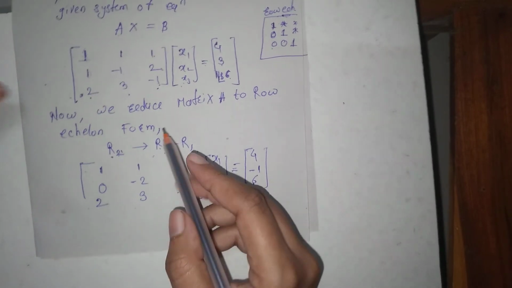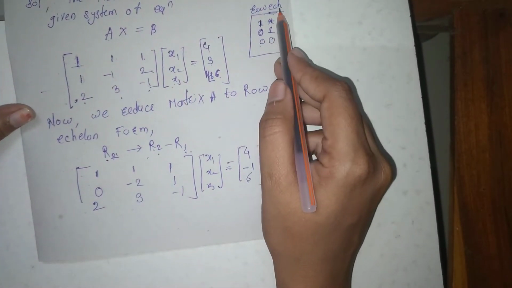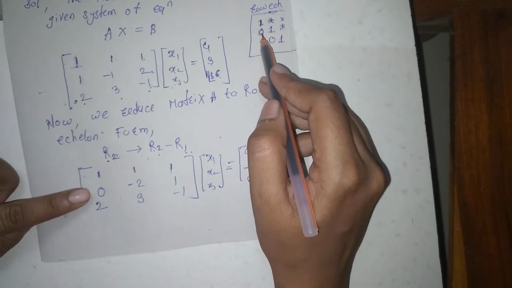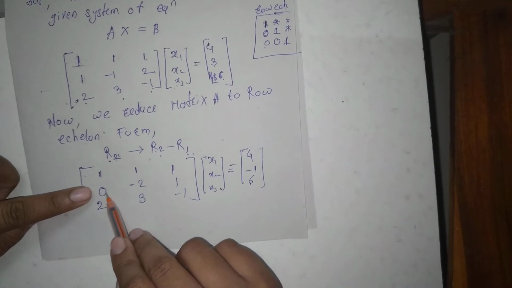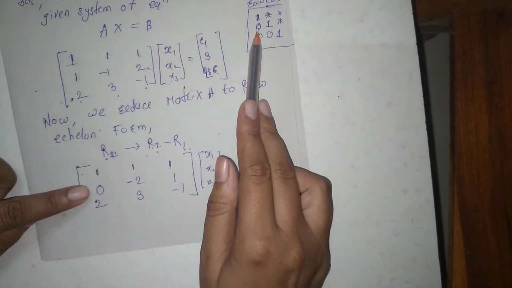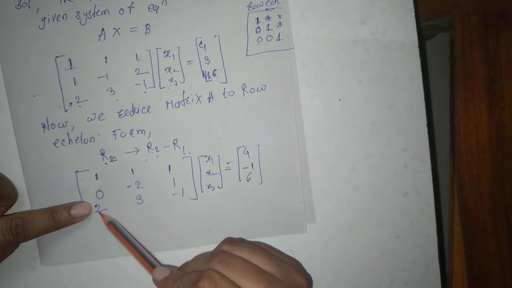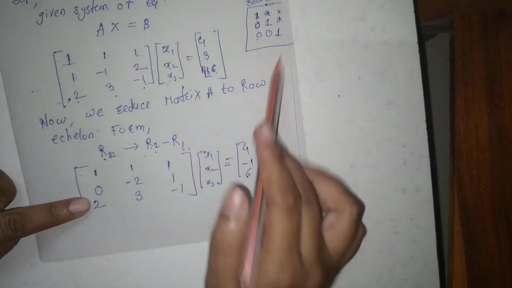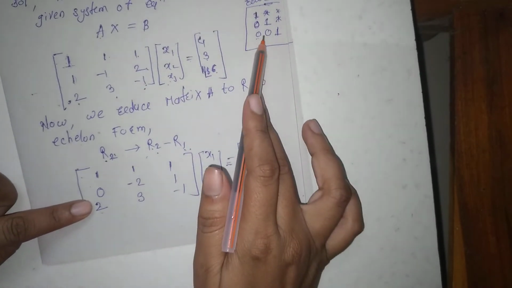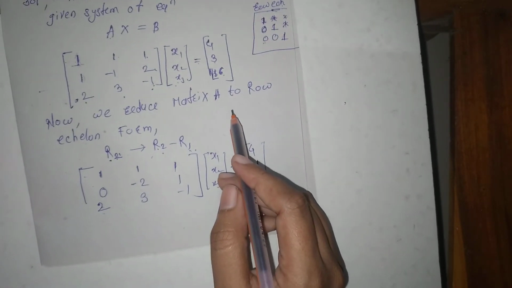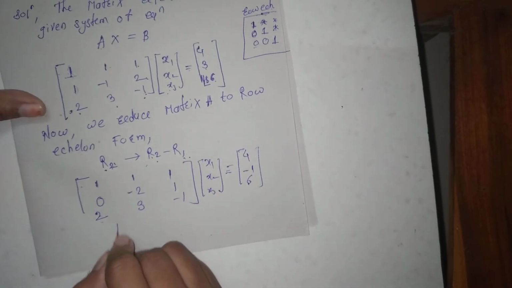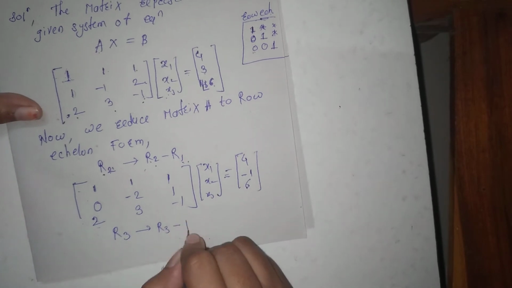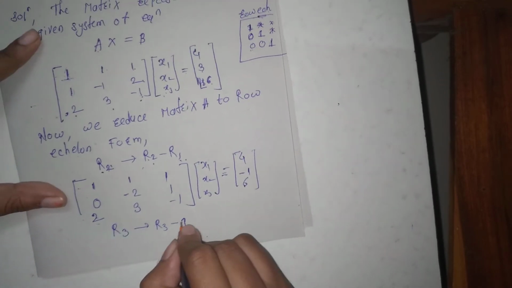Then we continue toward row echelon form. The first leading 1 is already there, and the second entry is 0, but the third row has 2 in the first position, and we have to replace it with 0. The second operation is R3 changes to R3 minus 2 R1.